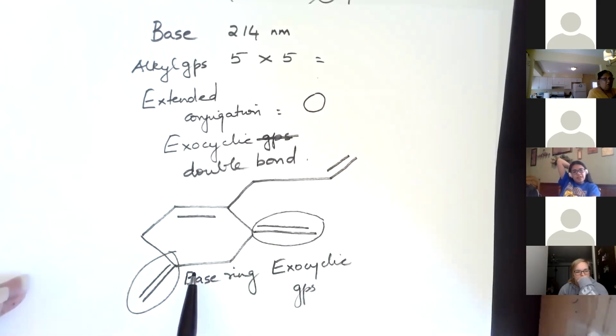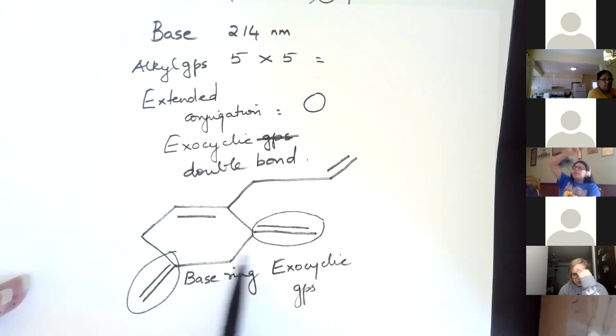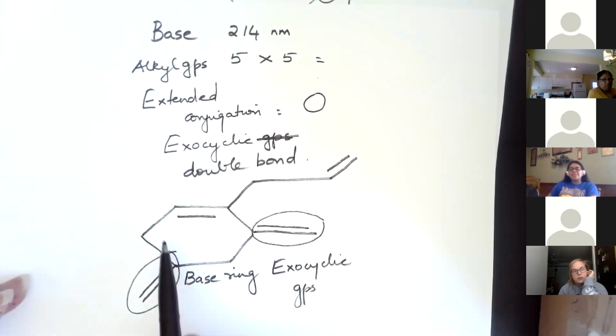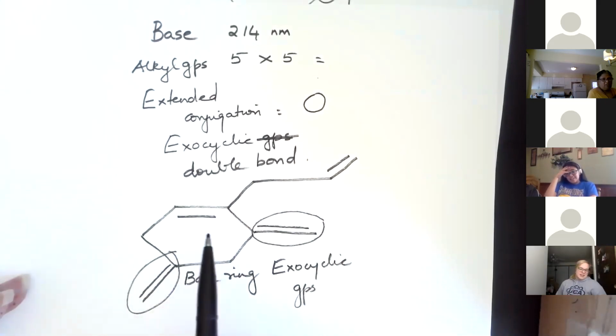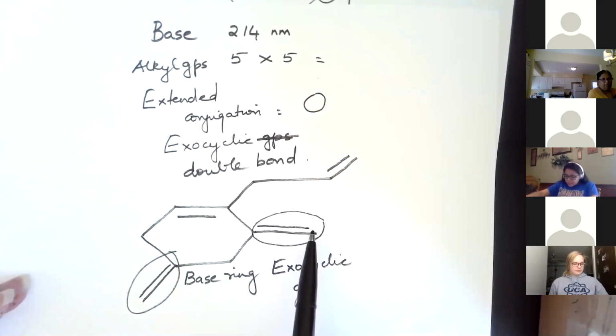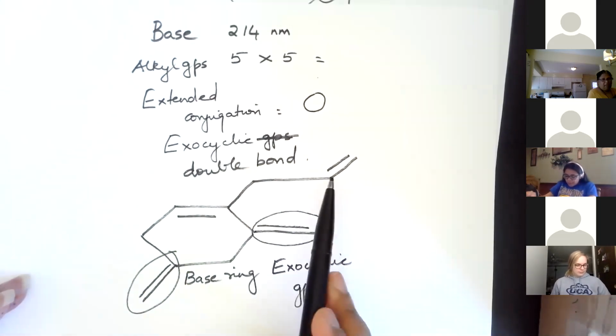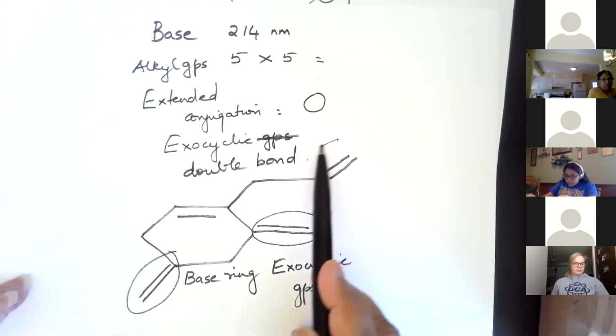In the one that I've drawn, which is not the first example on top. Okay. Wait, so it's not 3 on this one? Oh wait, never mind. I have a question. This is the base ring. Okay. Yeah, I see. So what is exocyclic to this ring? There's a double bond on the outside, right outside. That's not counted.